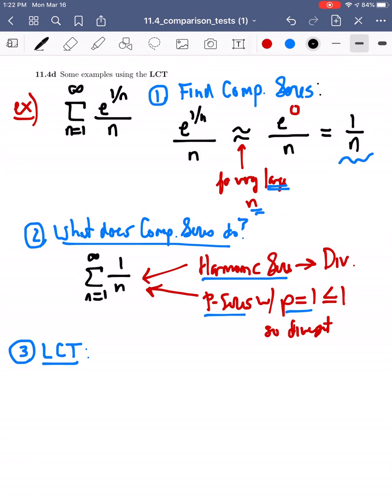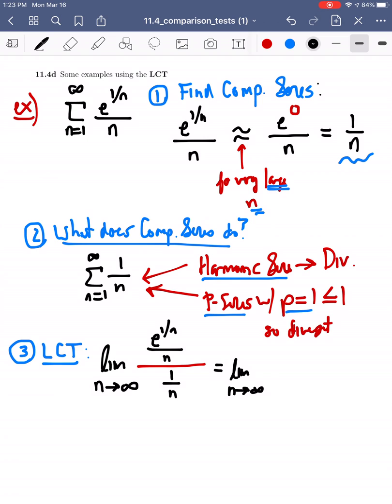So again, for limit comparison test, we take the limit as n goes to infinity of the ratio of our series functions. So we take e to the 1 over n, all over n, divided by the series we're comparing to, which is just 1 over n. So doing a little bit of algebra, since we have the quotient of two fractions, we reciprocate the denominator and multiply.